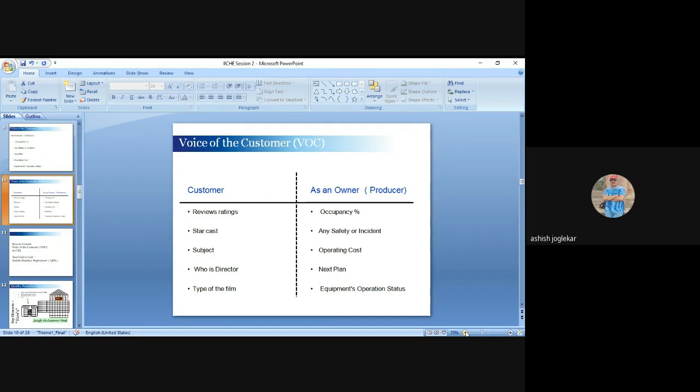The owner's first requirement is that occupancy should increase. The customer requirement is good reviews, good star cast, and the director they want. So the owner has to improve the review ratings and give some freebies, some entertainment free of cost to people who come to the theater to watch the movie.